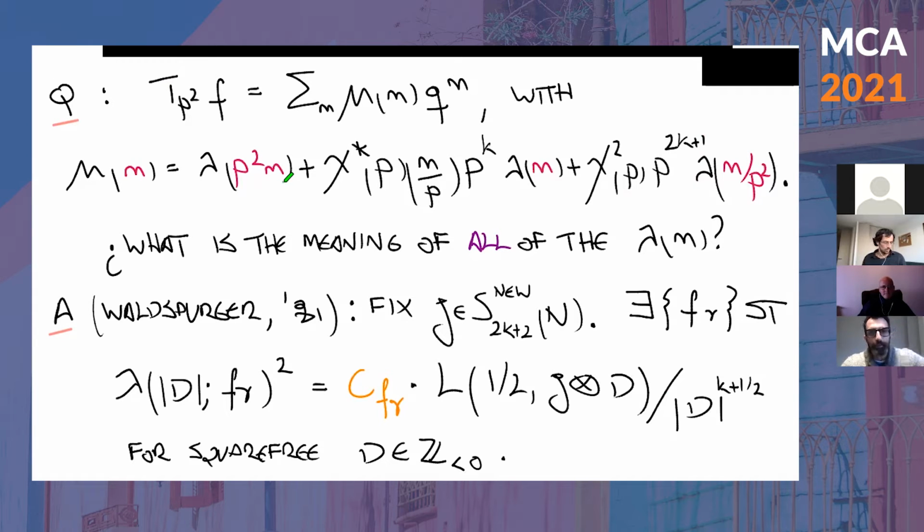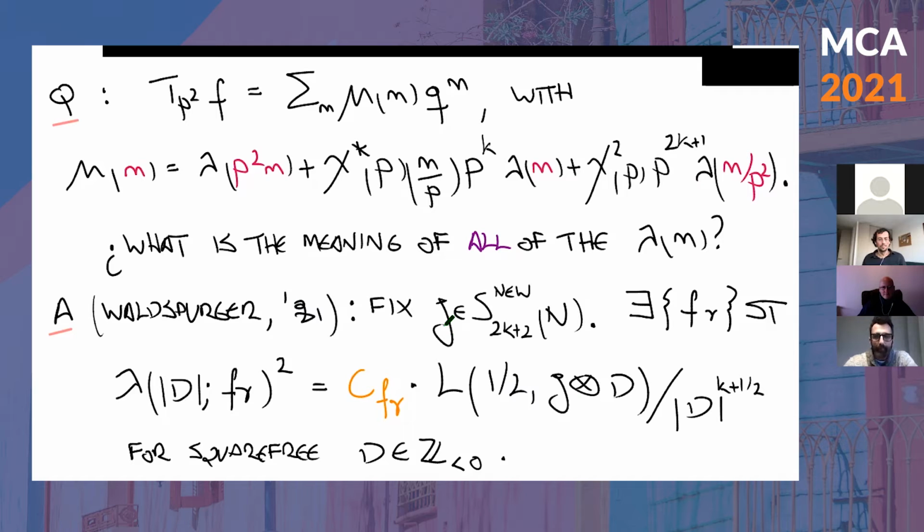Shimura leaves a question for us. He says, well, there's more information in the coefficients than in the eigenvalues. What's the meaning of all of the coefficients? Well, the answer is given 10 years later by Waldspurger, where he proves that these Fourier coefficients are related to the twisted central values of the integral weight form g.